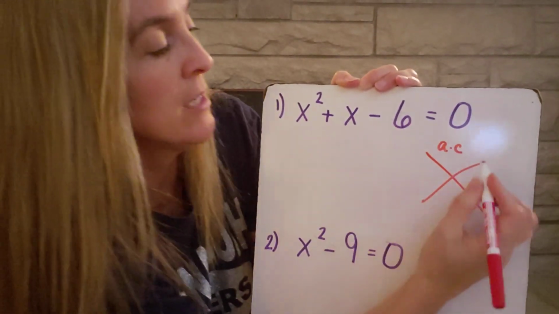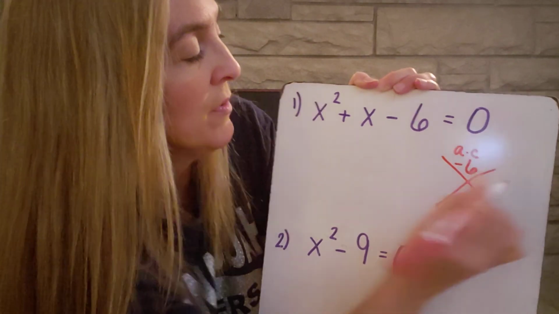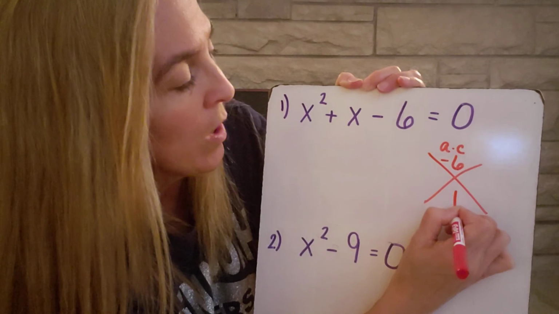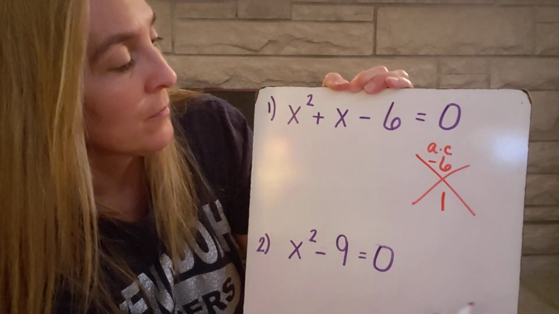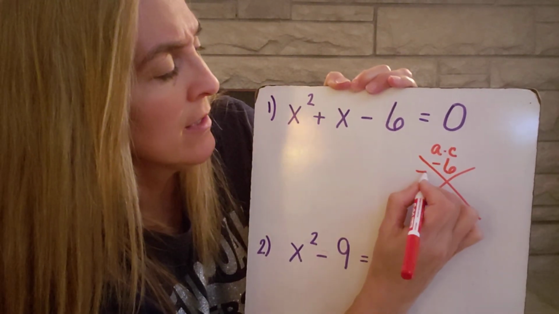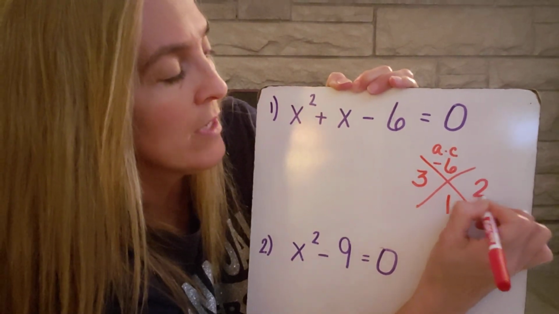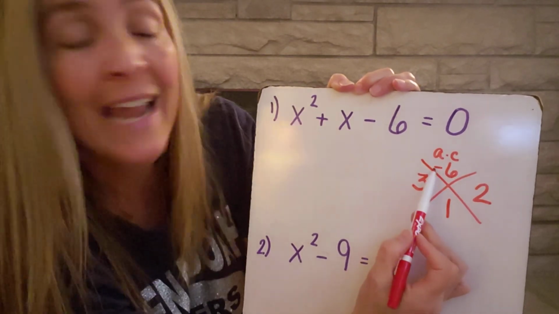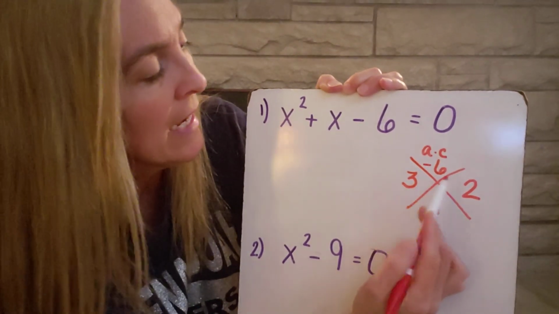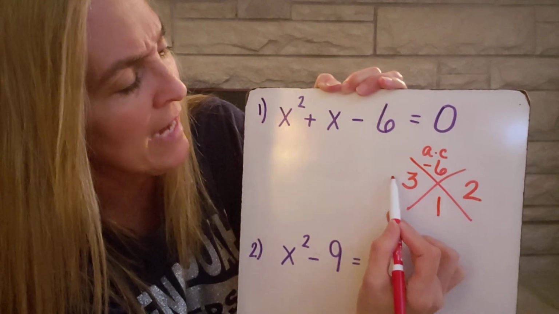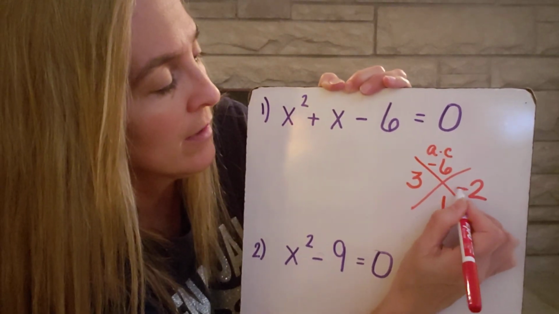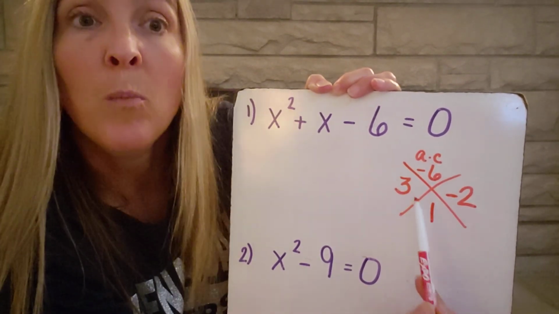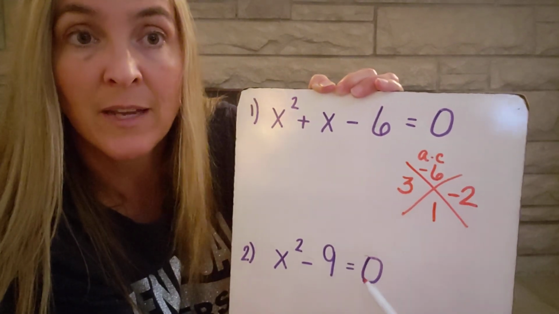The c is your constant. 1 times negative 6 is negative 6. And your b is the coefficient in front of x, which is 1. In order to get 6, when I multiply, I would do 3 times 2. And if it needs to be a negative 6 as I multiply, one of these is going to have to be a negative. Since I want a positive 1, I'm going to make that 2 a negative. So 3 minus 2 is a positive 1, but 3 times a negative 2 is negative 6.